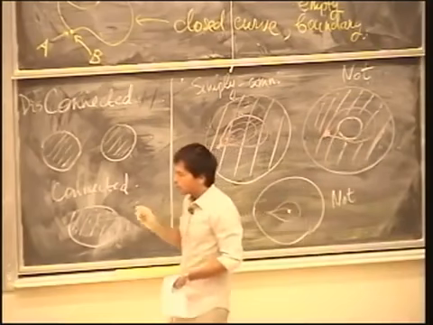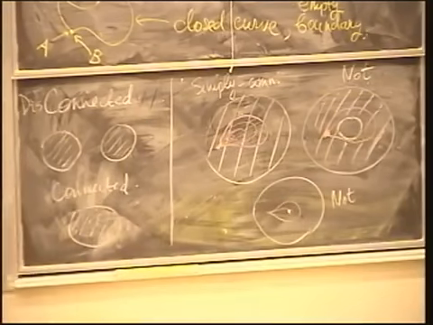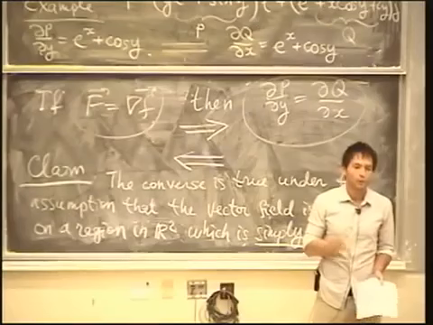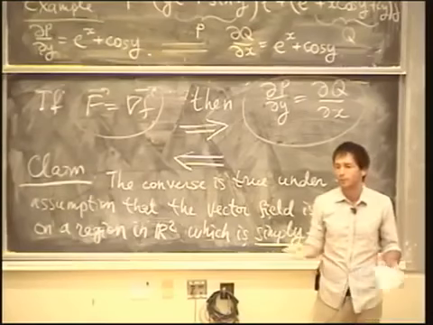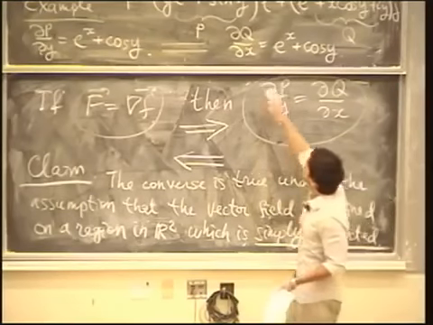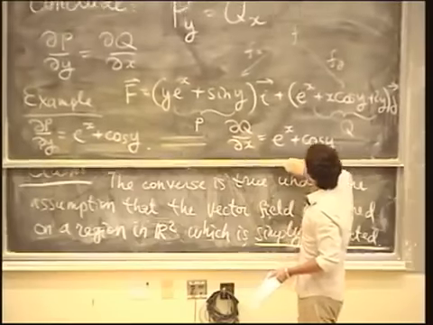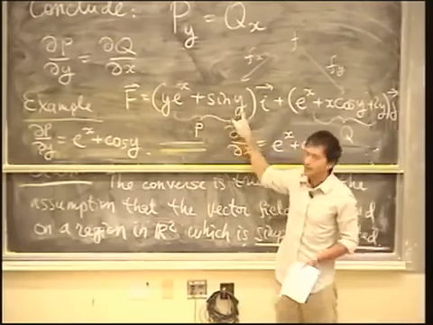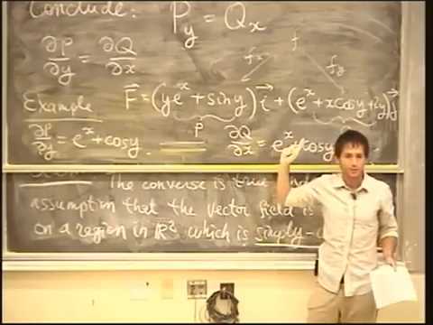And this turns out to be the only obstacle to the converse statement, which is really a mild restriction, because to begin with, most of our vector fields are actually defined on the entire plane, right? For example, this vector field is surely defined on the entire plane. In other words, you can put any x and y and it makes sense. The formulas make sense, right?